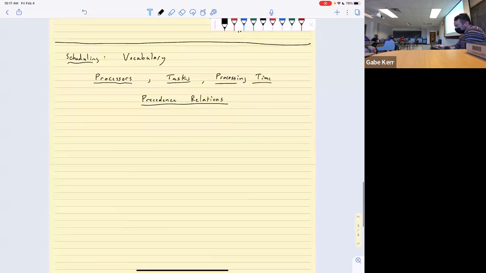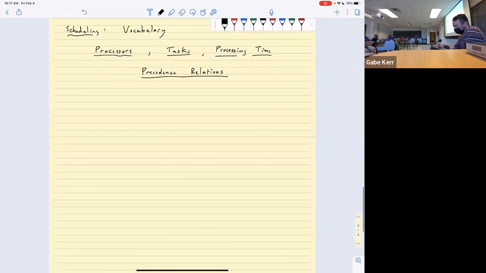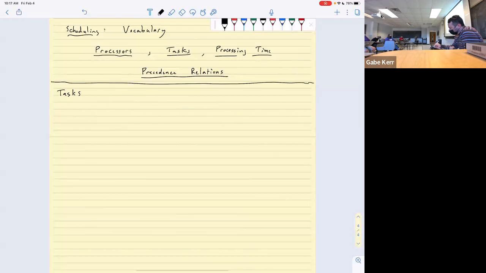So I wanted to give an example. I don't know, we'll see if I have enough time. Let me try it. An example puts tasks at the center of things. And I felt like this would be a good lesson for all of you.